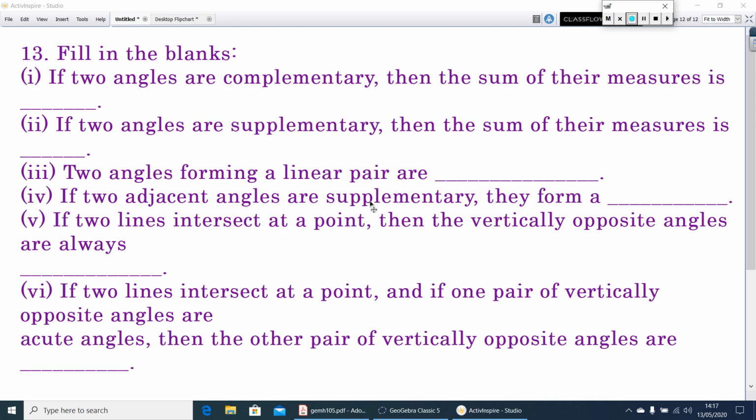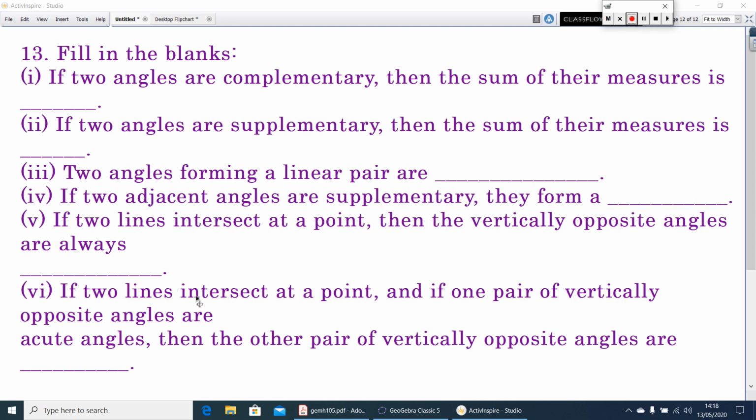If two adjacent angles are supplementary, they form a, of course it is a linear pair of angles. If two lines intersect at a point, then the vertically opposite angles are always equal. If two lines intersect at a point and if one pair of vertically opposite angles are acute, then the other pair of vertically opposite angles are. Do find it out yourself.